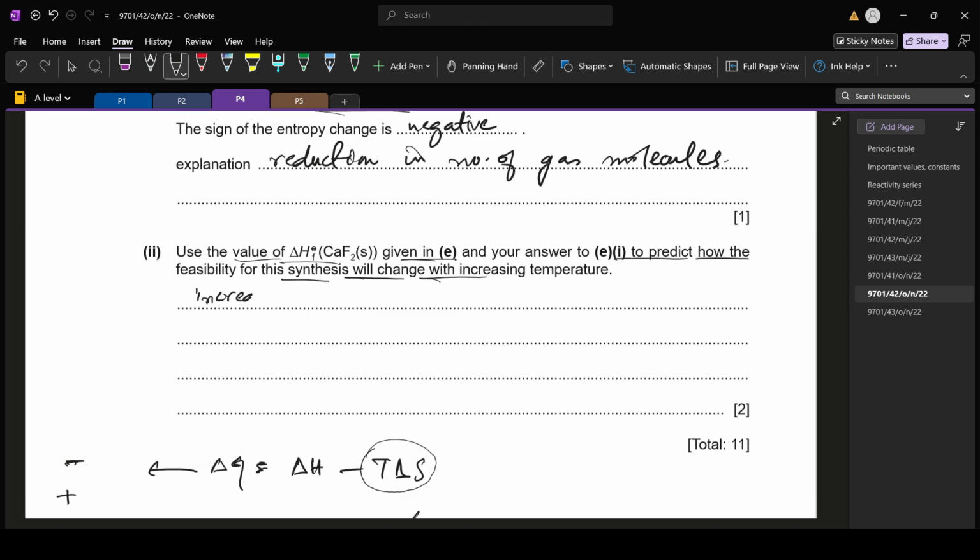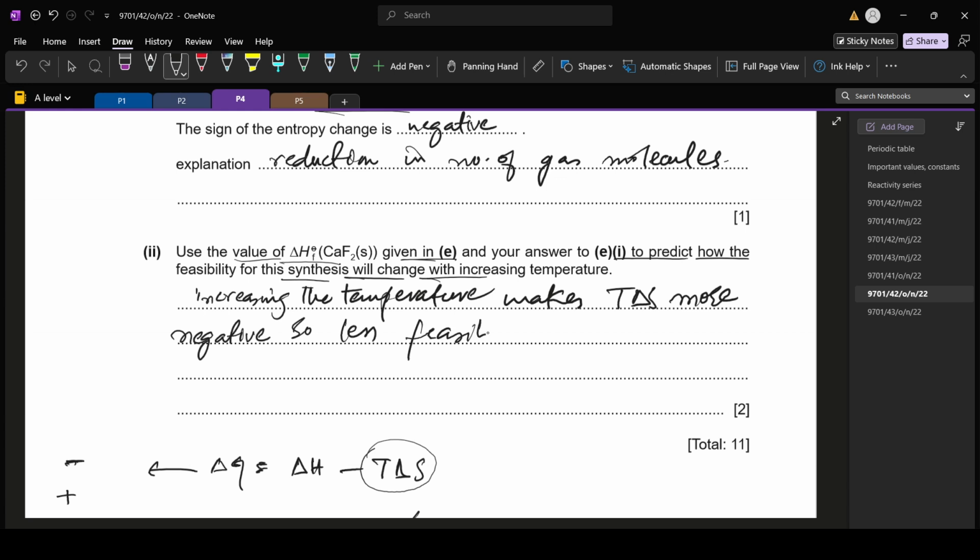Increasing the temperature makes this factor more negative, so less feasible, because Gibbs free energy becomes positive with increasing temperature.